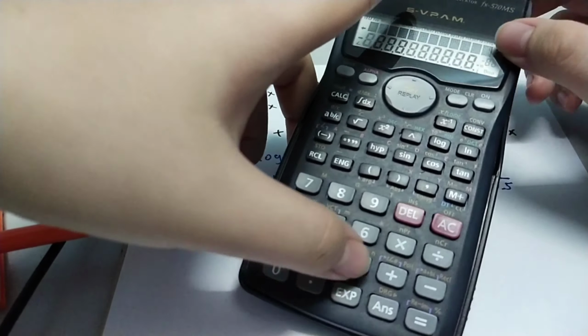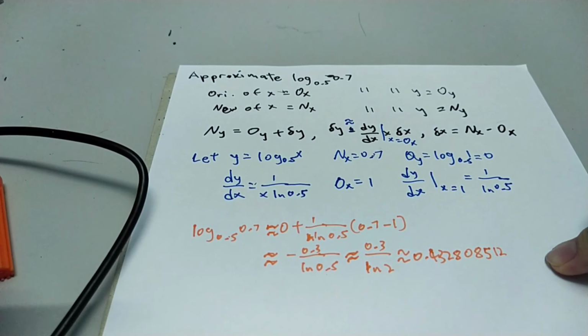So log of 0.7 with base 0.5 is approximately equal to 0.432808512 if we use the equation of small approximation.